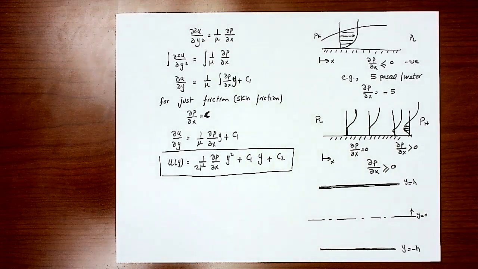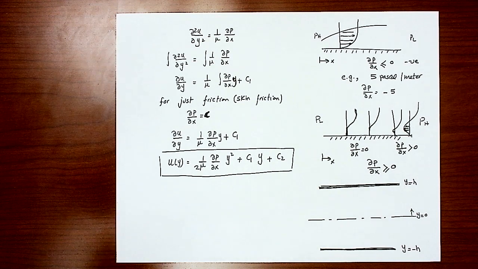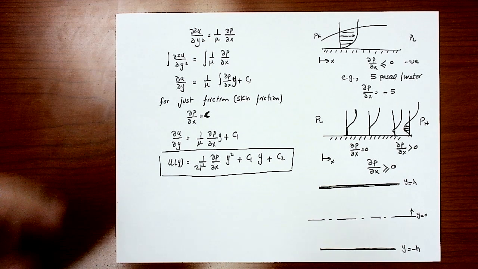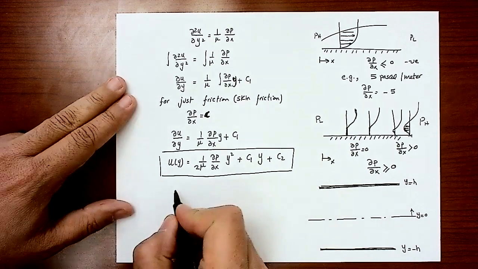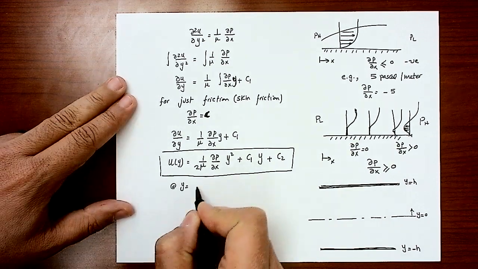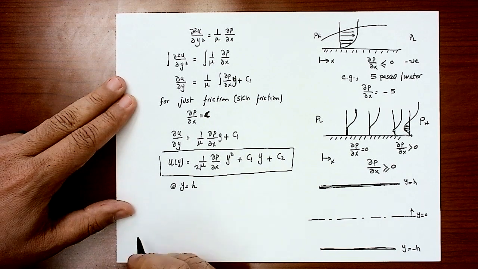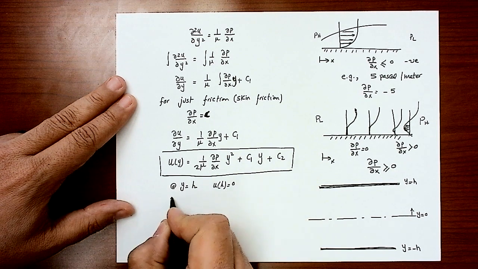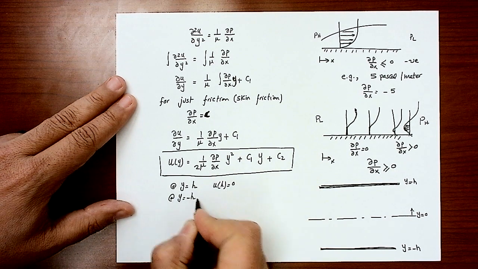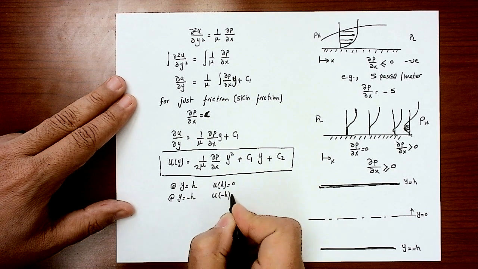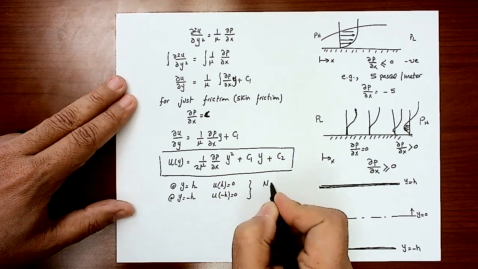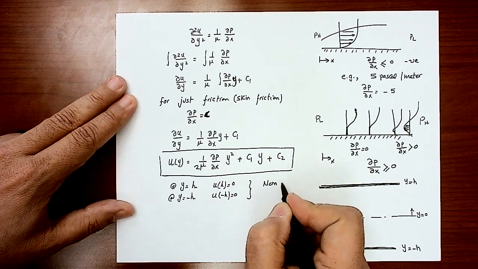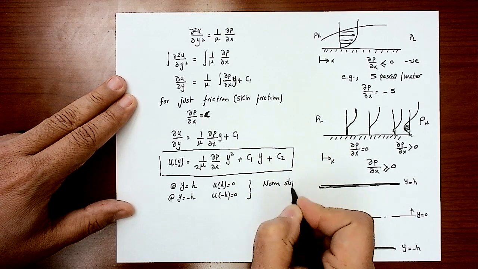So let's apply the boundary conditions. The easiest one to use is at Y equals H: U at H equals 0, and at Y equals minus H, U at that location is also equal to 0. Again, this is the non-slip condition.